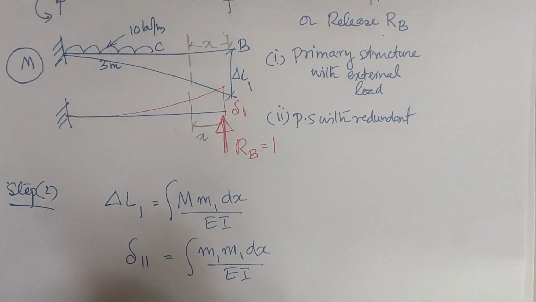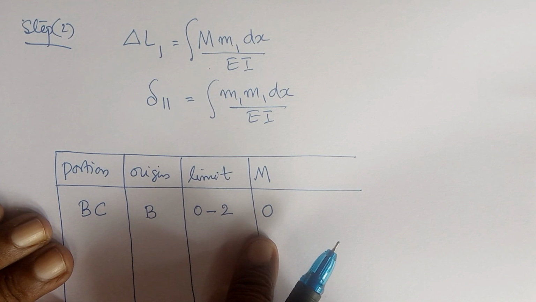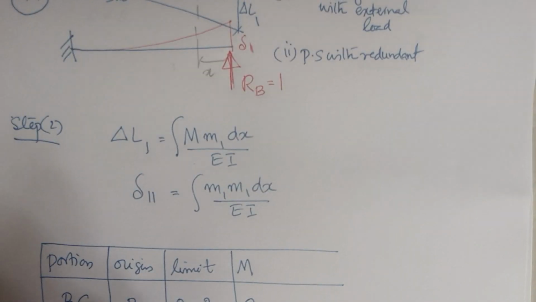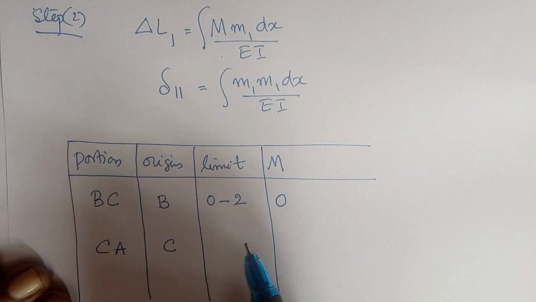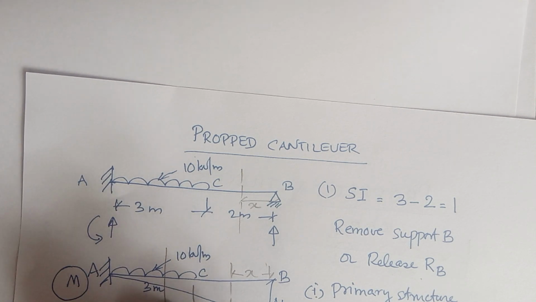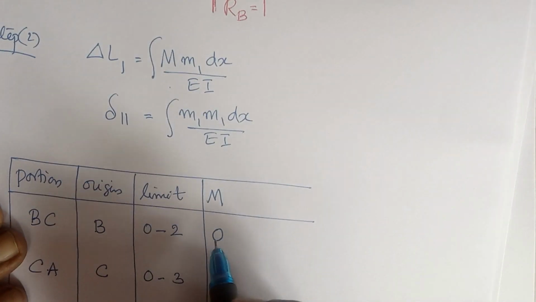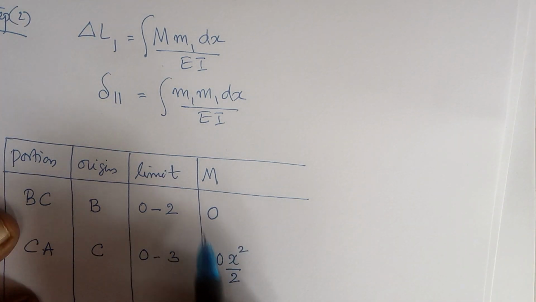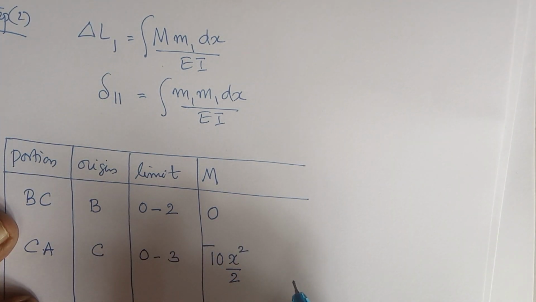So bending moment is 0. Next portion CA, we take C as origin. Limit is 0 to 3. So if you consider a section x distance from C, the expression will be 10x into x by 2. It is a hogging moment, so minus 10x square by 2.